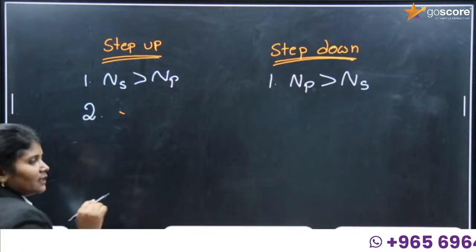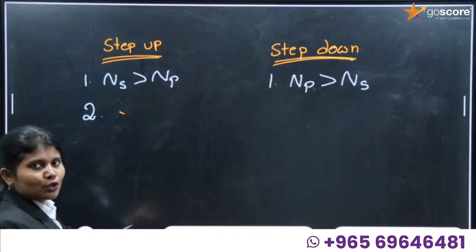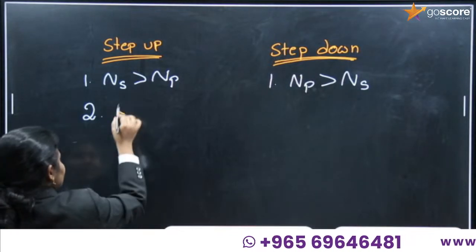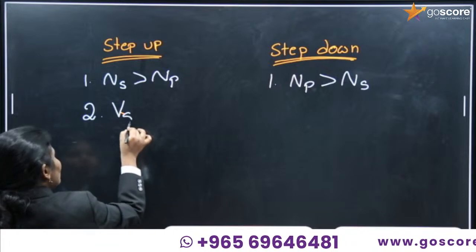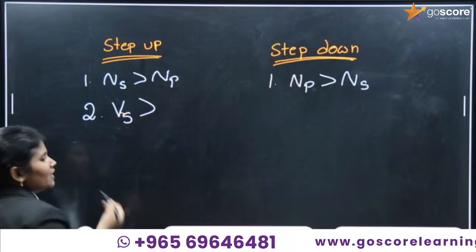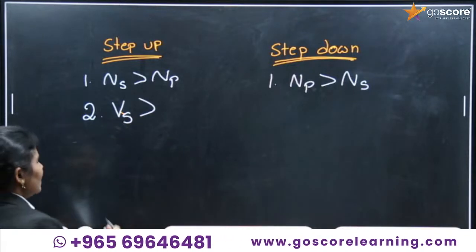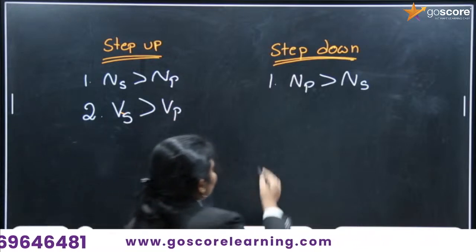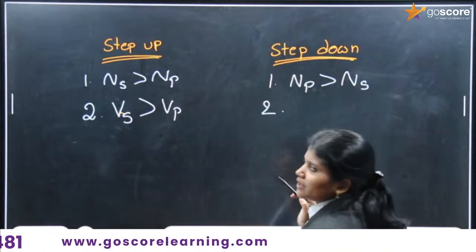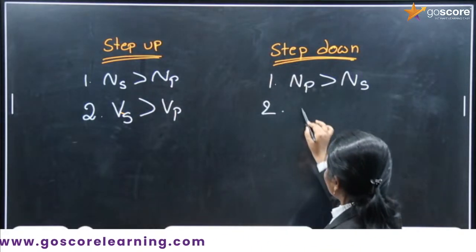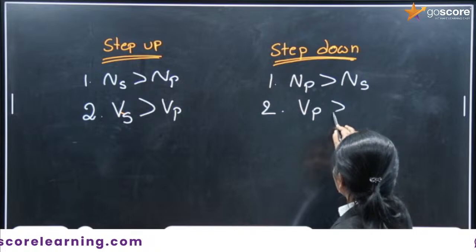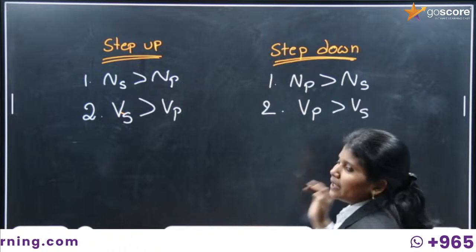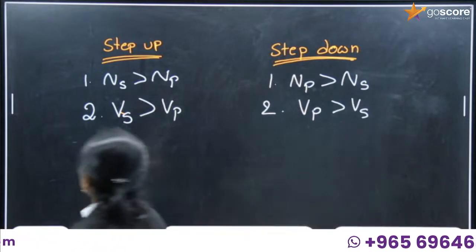So in the step up, the number of turns is more at the secondary side, that's why voltage is also more. I am considering ES as VS. VS is greater than VP. Here, the number of turns is more at the primary side, that's why the primary side voltage is greater than the secondary side voltage.